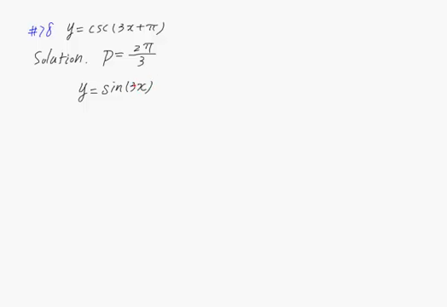And we know this function completes its fundamental cycle for 3x between negative half pi and half pi, and we divide each part by 3, then we get x greater than or equal to negative pi over 6, and less than or equal to pi over 6.